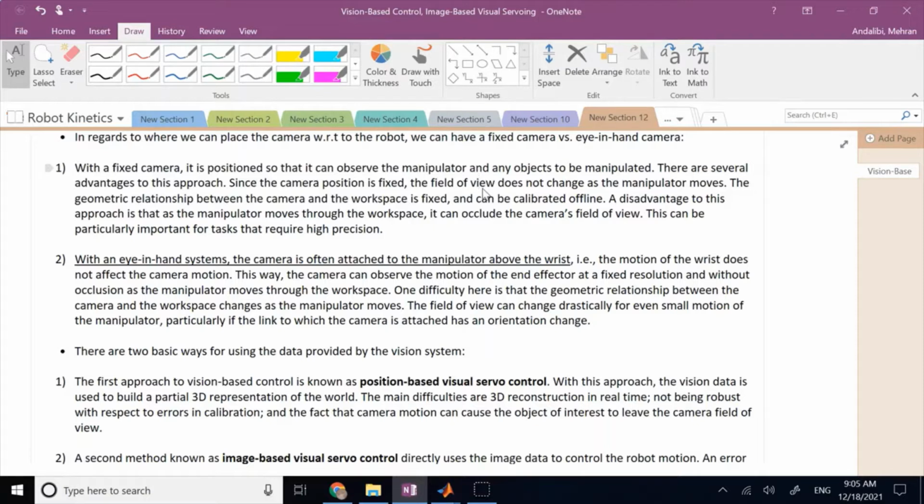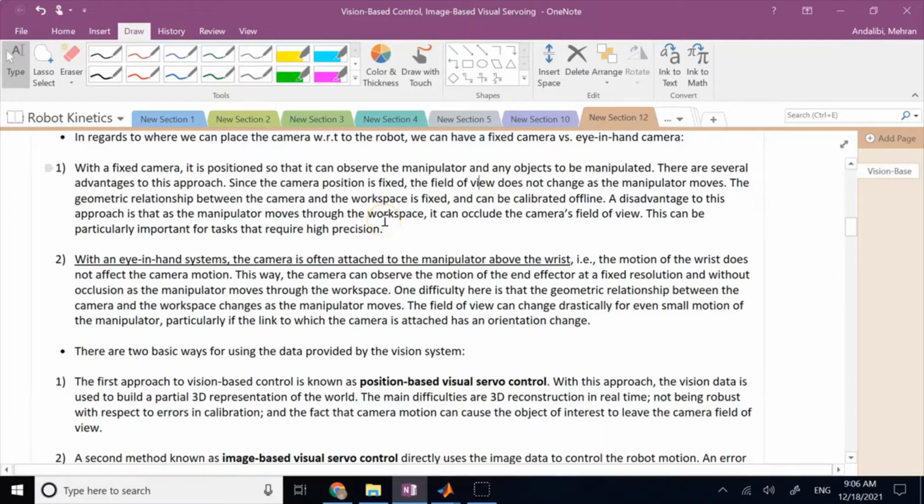That makes many of the mathematical calculations much simpler. Many of the rotation matrices and other things are not going to be used because the camera is fixed with respect to the world frame.